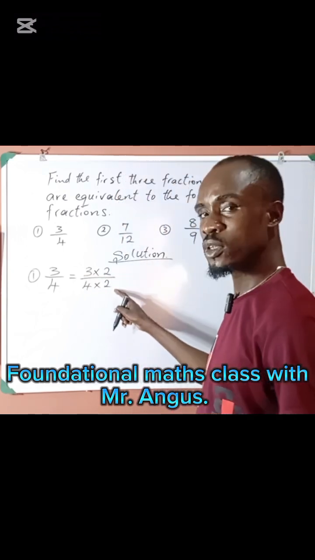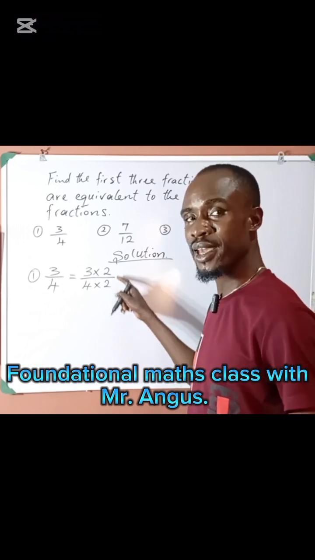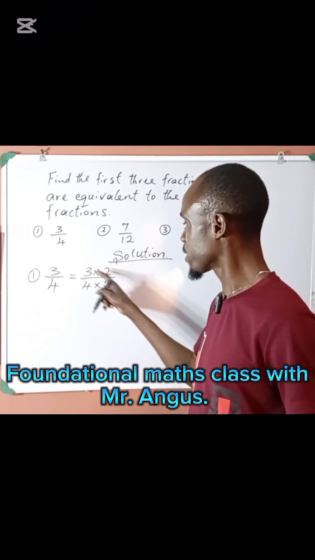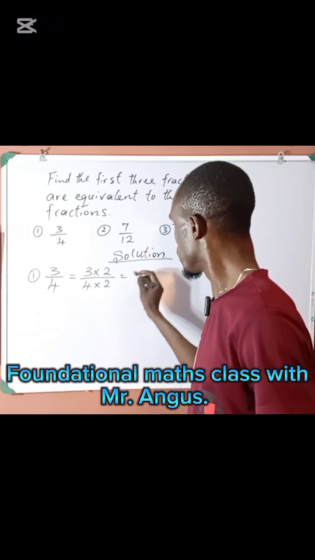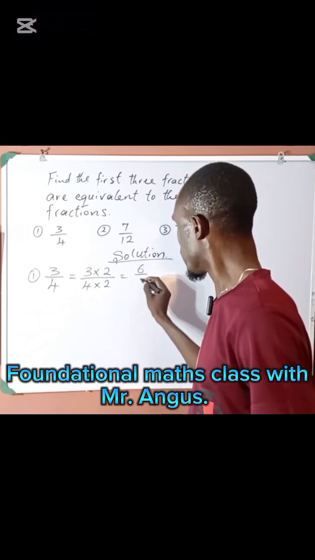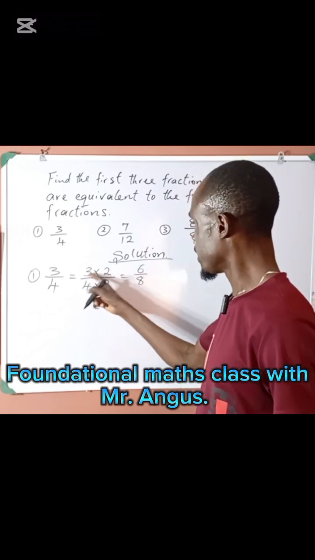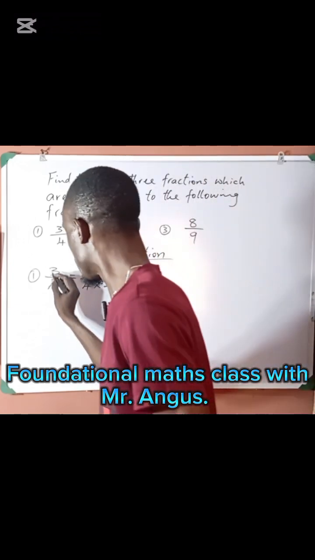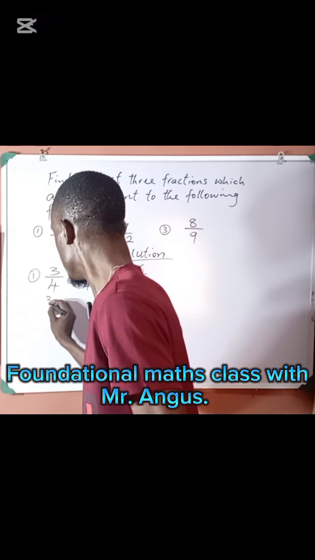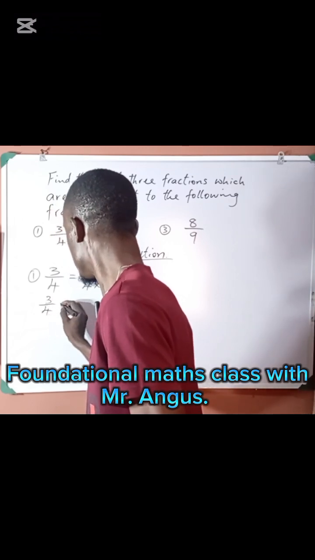Again, if you look at this very well, you find out that the multiplier is the same. 2 is multiplying 3 and the same 2 again is multiplying 4. And this will give us what? 6 all over 8. 3 times 2, 6. 2 times 4, 8.